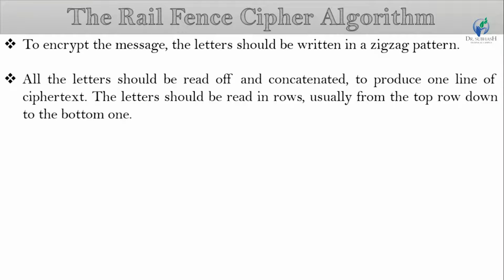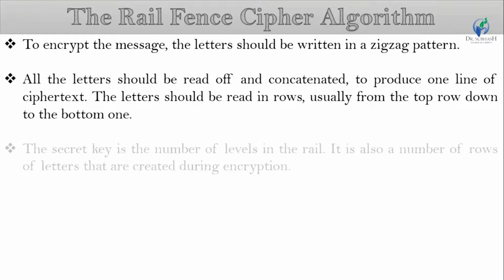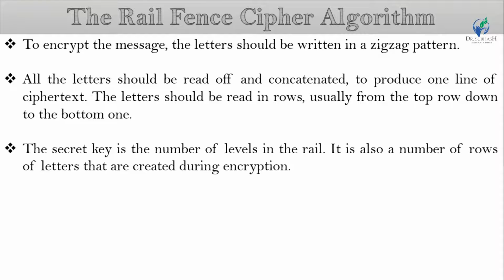The letters should be read in rows, usually from the top row down to the bottom one. The secret key is the number of levels in the rails. It is also the number of rows of letters that are created during encryption.